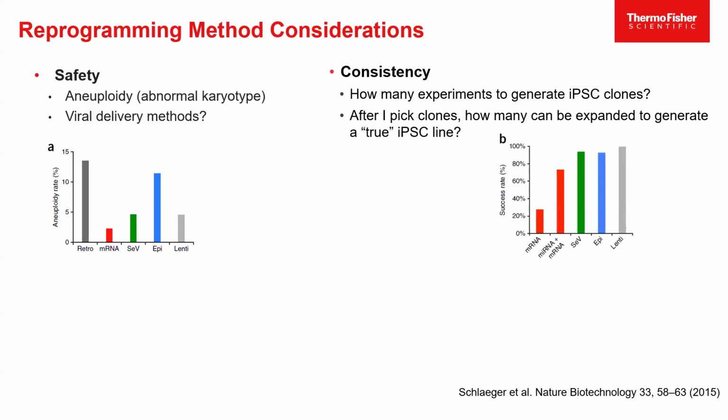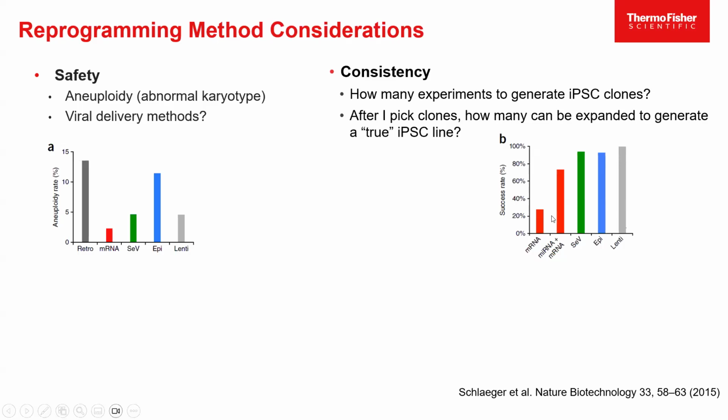The second thing is the consistency, right? How consistent am I, or am I able to generate clones every time I use this method? Especially if you're considering picking multiple clones, or if you're working with really precious samples, right? Where you can have one go at this, and you only have enough for one go, right?